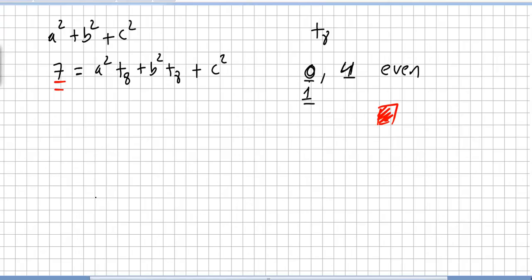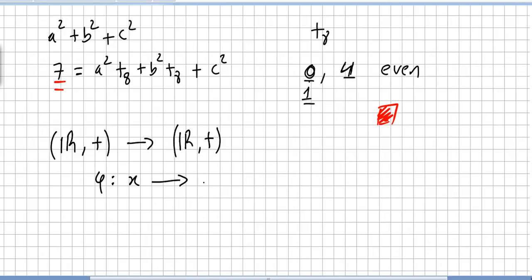Imagine the mapping from the real numbers under addition to itself, where phi takes x in the real numbers to the greatest integer less than or equal to x.